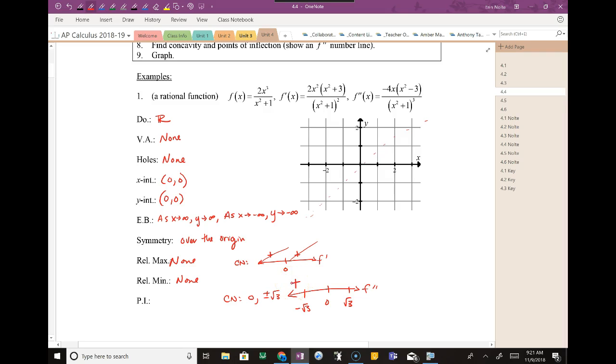If I plug in a value between negative the square root of 3 and 0, such as negative 1, I would get 1 squared minus 3, so this piece would be negative. So my top would be negative, bottom is positive, so I get a negative.